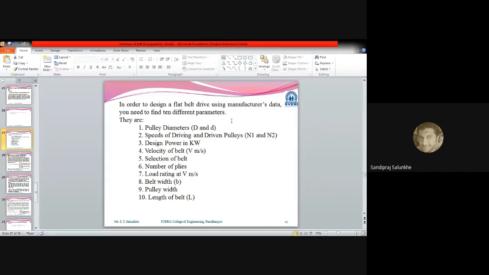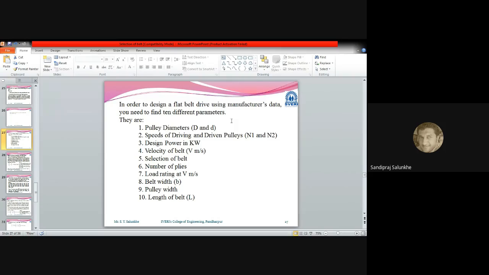But we are not going to use the stress equation, which is a very basic equation for the designing, for finding out the dimensions. As we are not going to use that equation, I will avoid saying designing of flat belt drives. I'll use the word selection of belt drives.